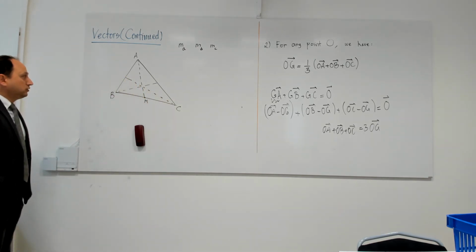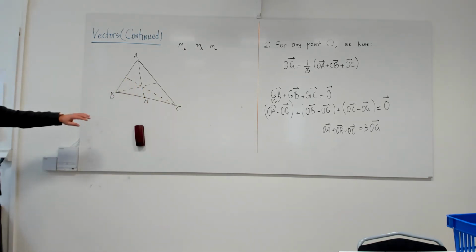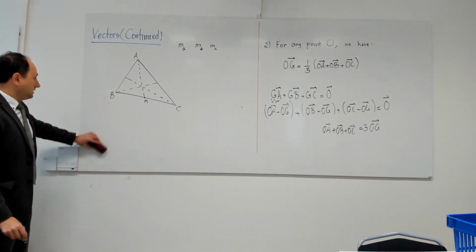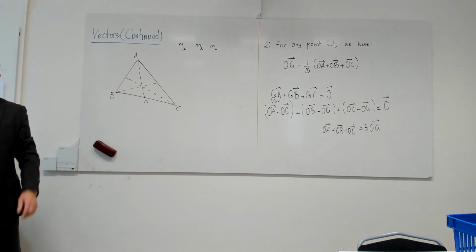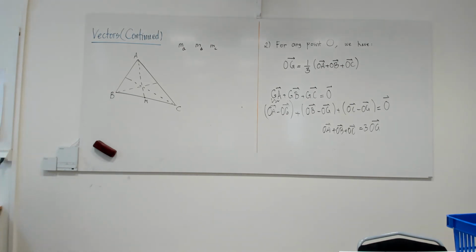Now my question for you is this. Do you think that the medians of a triangle also make a new triangle? So I have a triangle, then I draw the medians, so I have 3 line segments in my hand now.